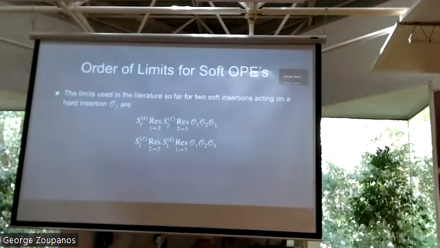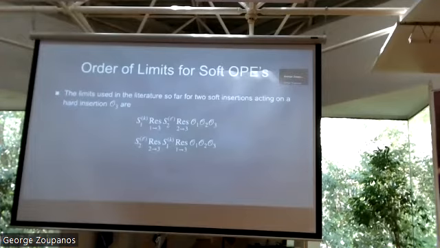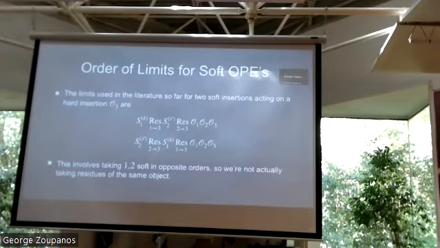But doing this for residue 1, 3, 2, 3 versus 2, 3, 1, 3, you'll notice that you end up using the soft limits in the opposite order. And those don't commute, so you're not actually taking residues of the same object. So you then shouldn't expect that double residue condition to be satisfied, because that was a condition for a single object that has only local poles, whereas here you end up using 2 different objects.